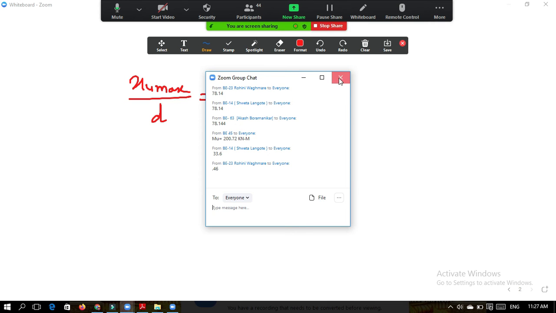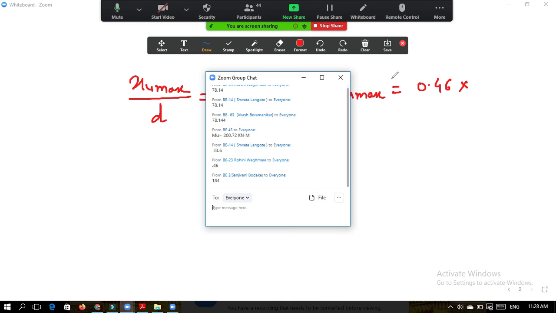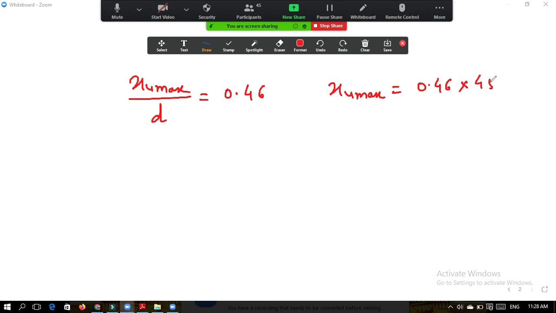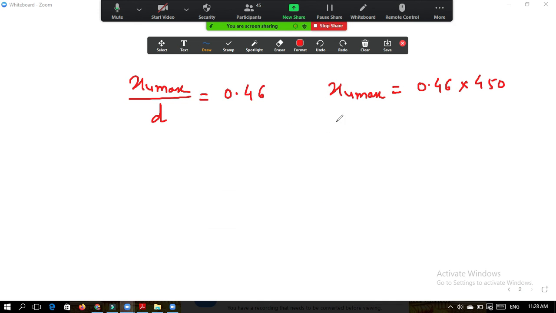Okay, correct, 0.46. So now Xu max is equal to 0.46 into d. What was the value of d? We calculated it as overall depth minus effective cover. So 184 is the final answer for Xu max. D is something like 450 if I remember. So Xu max is equal to 184.